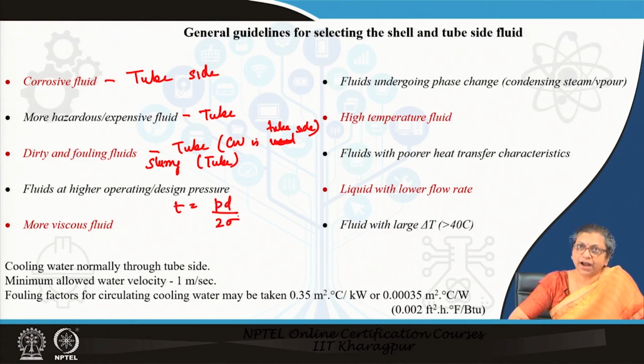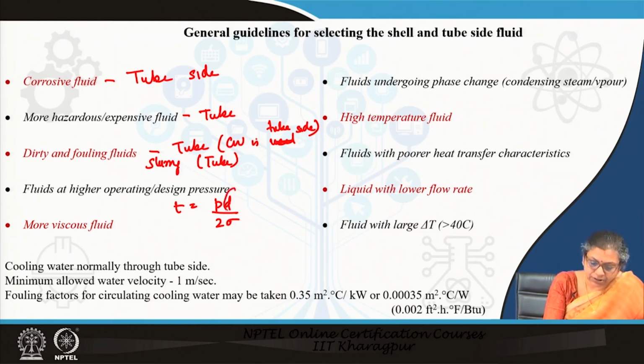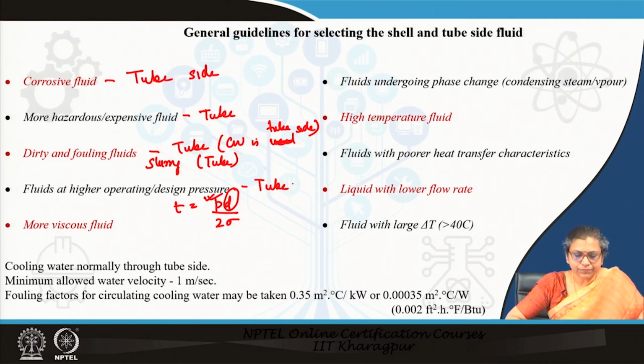So naturally we find that since the diameter of the tube is less, it can withstand a higher pressure. This I have already discussed. This is the reason why double pipes are preferred over shell and tube exchangers, and this is the reason why the fluid at a higher operating or design pressure is preferably introduced through the tube side.